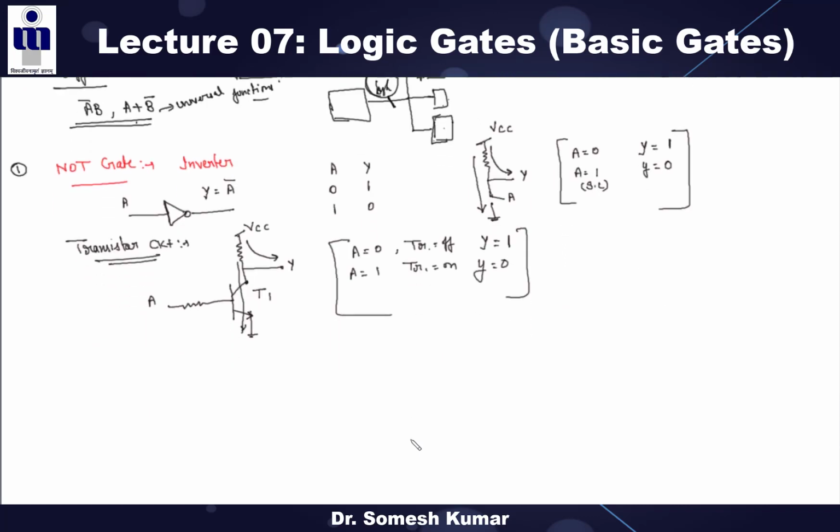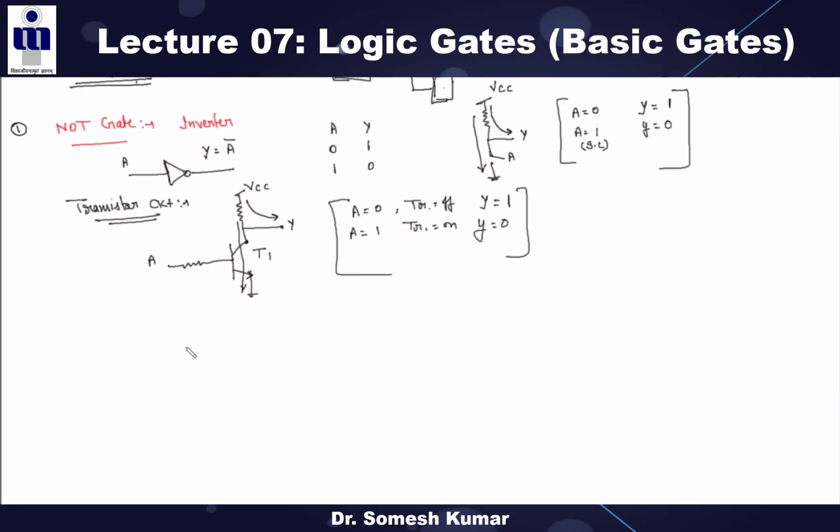So now, for this NOT gate, what is the meaning of this ideal NOT gate? Can you please tell me? In an ideal NOT gate, the delay is 0, which is not practically possible, right?